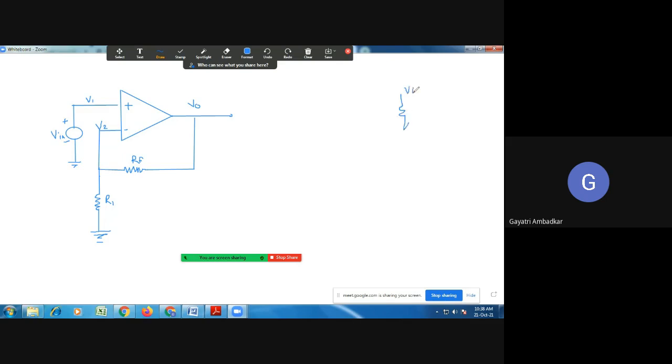This is your VO, this is RF, this is R1, and the midpoint of this is connected to the input terminal of the op-amp, V2.